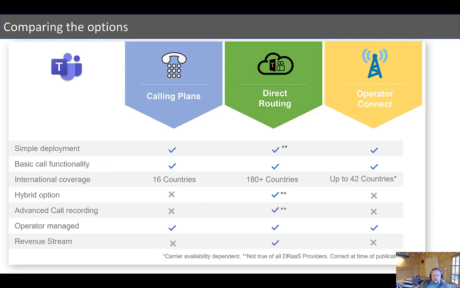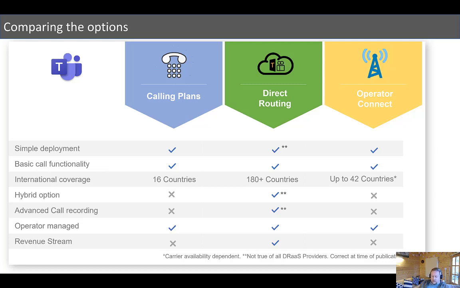Now, the last thing I've put down in here is the revenue stream side of things, because there's two kinds of businesses that we've been talking about throughout this presentation. There's the businesses who are the tenant themselves, so they are the consumer of the calling product, and there's businesses who are selling services to tenants.